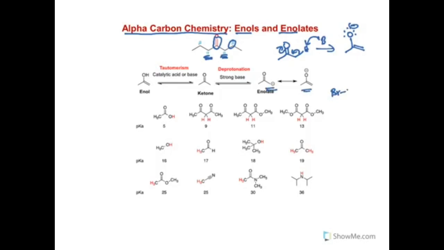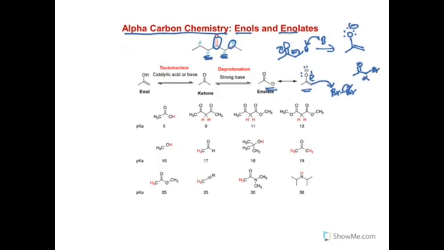In the presence of bromine or any electrophile, the enolate is able to undergo a nucleophilic addition. And then in this case it installs bromine in the alpha position of the carbonyl.